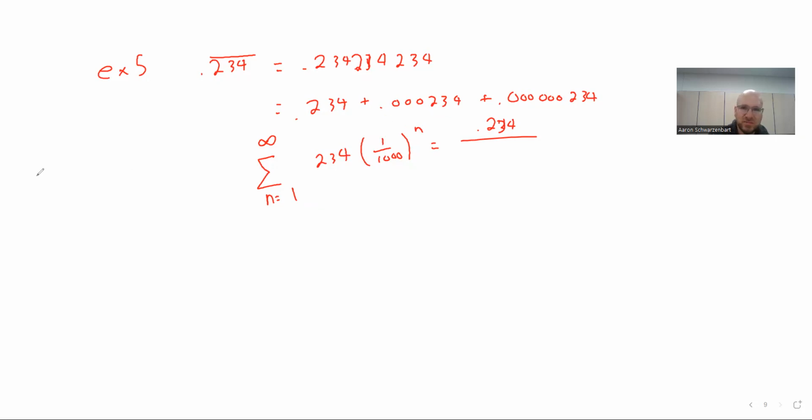So in this fraction, 234 over 1 minus 1 over 1,000 is 234 over 999 over 1,000.